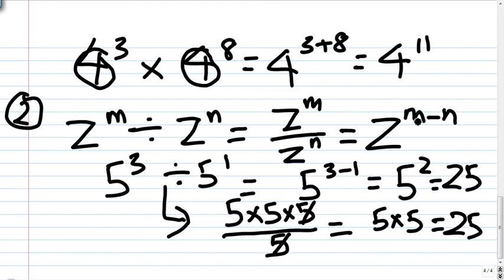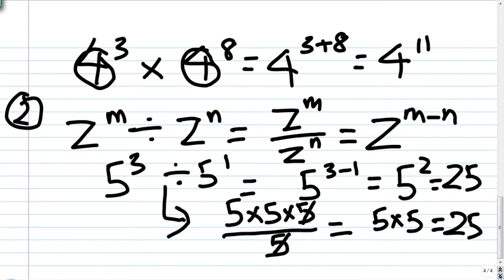So in a nutshell, for this law, if you have the same base and you divide one index by the other, you can just deduct the index, in this case 3 minus 1. The generic formula is z to the power m minus n.